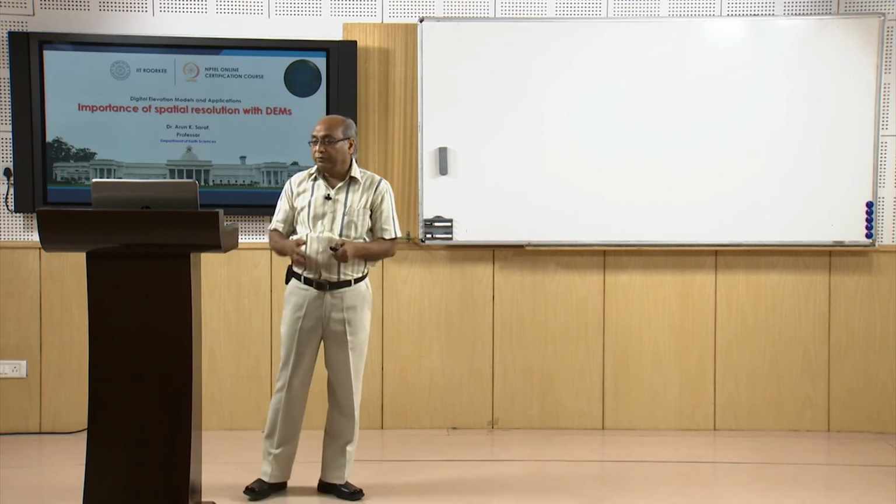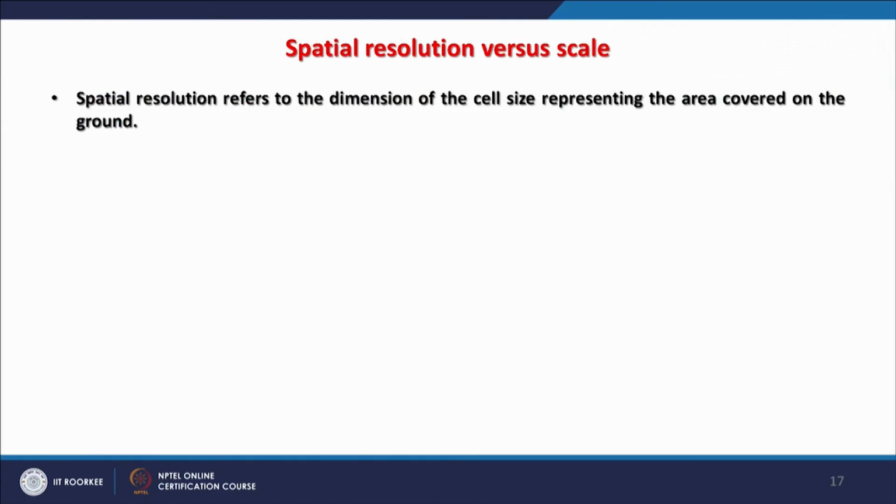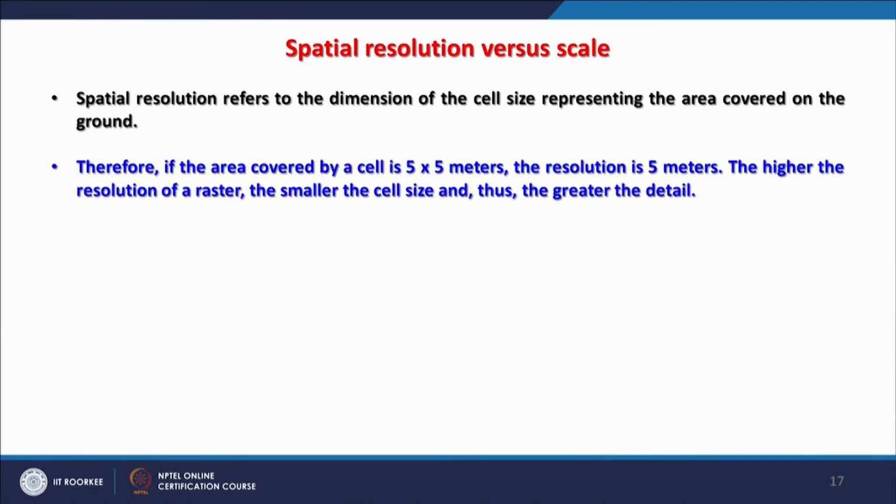So, spatial resolution versus scale now. Spatial resolution refers to the dimensions of the cell size representing the area covered on the ground, which we know now. Therefore, if the area covered by a cell is, for example, 5 by 5 meters, the spatial resolution we call 5 meters.